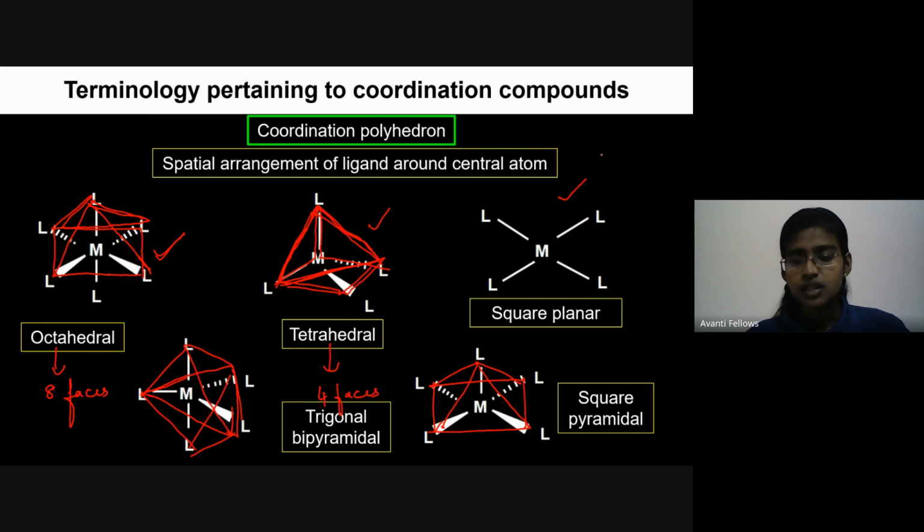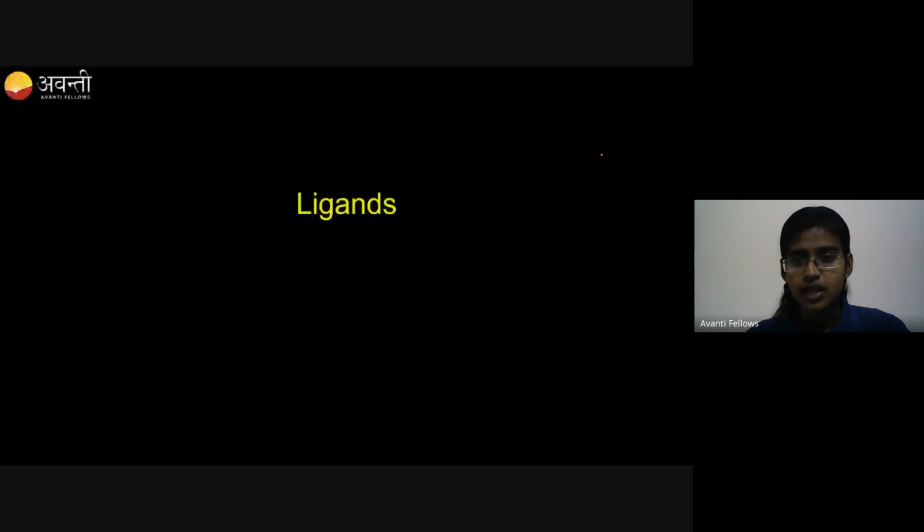So I'll go to the next slide. That is the information about the ligands. Do you have any doubt so far about the terminologies we have discussed? Central metal atom, ligands, coordination entity, coordination polyhedron, coordination sphere. Any doubt? If you have any doubt, you can put it in the chat box. No doubt for anyone? No doubt for all.